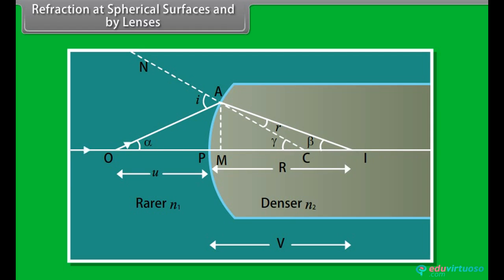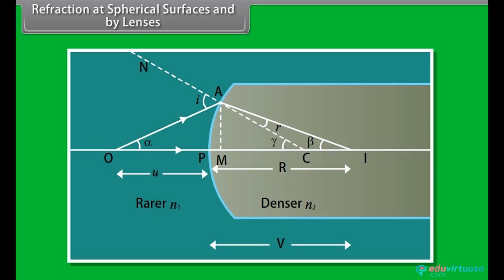Let O be a luminous point object on the principal axis of the convex refracting surface. An incident ray OA after refraction at the point A on the surface bends towards the normal NAC and goes along AI. Another ray OP falls normally on the surface and proceeds undeviated after refraction.